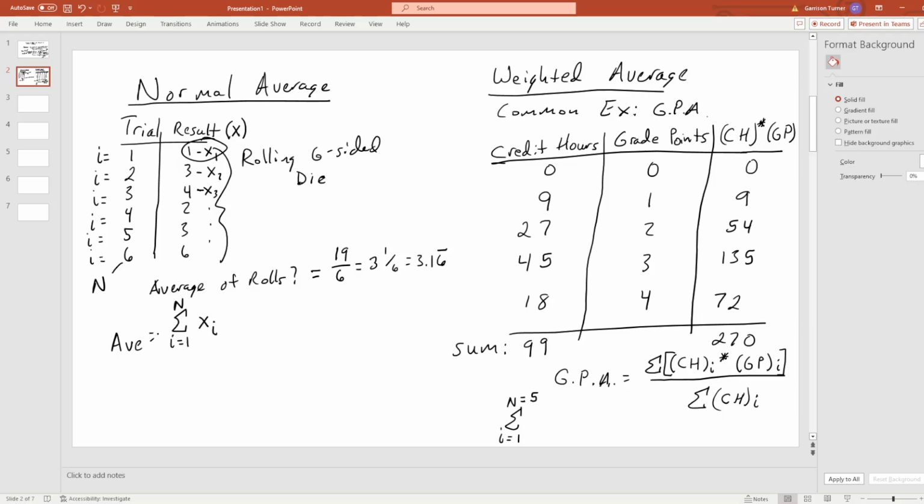So I start with x1, and then I go to x2, add x3, add x4, add x5, and then all the way up to x sub 6. That is my maximum number. And then I divide this by n. Okay, so this is the definition of the simple average, and this is how you would write it mathematically.